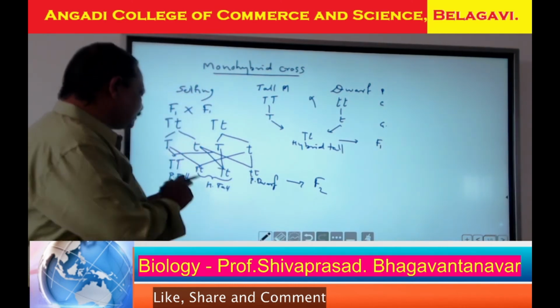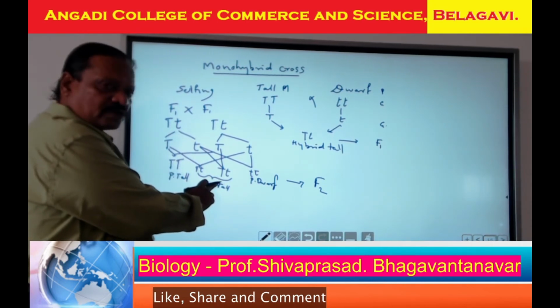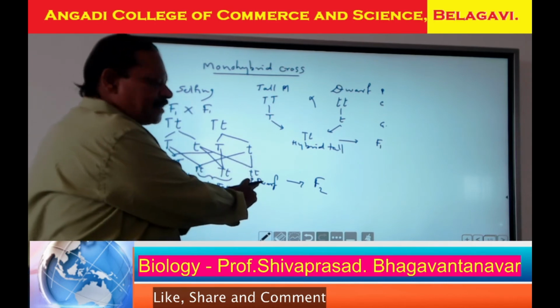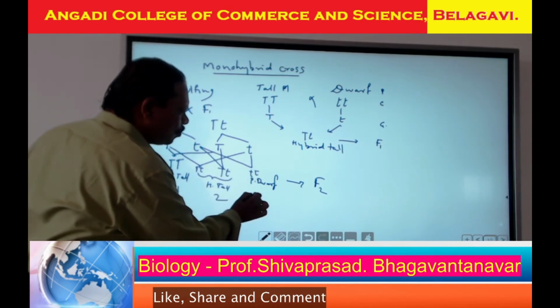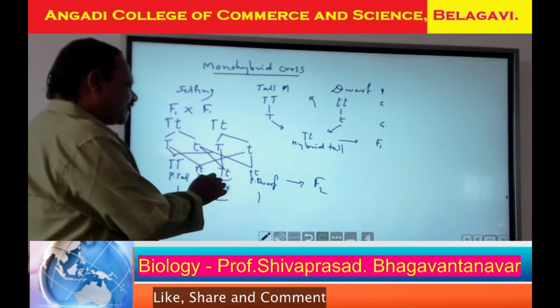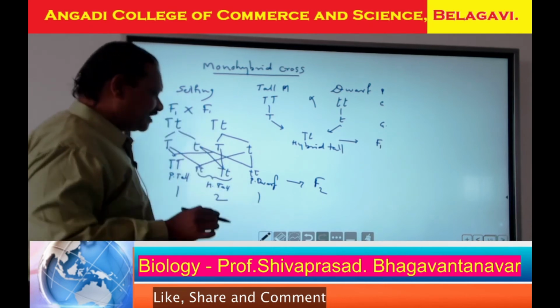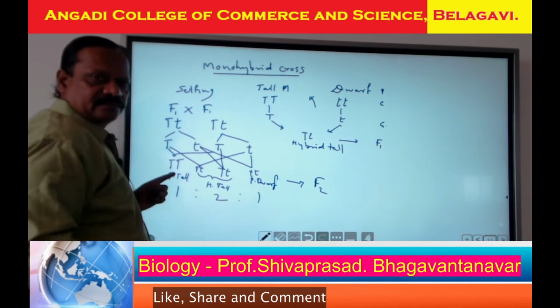So you got the pure tall plant, 2 hybrid tall plants, and 1 pure dwarf plant. So 1, 2, 1. Morphologically and genetically, they are different.